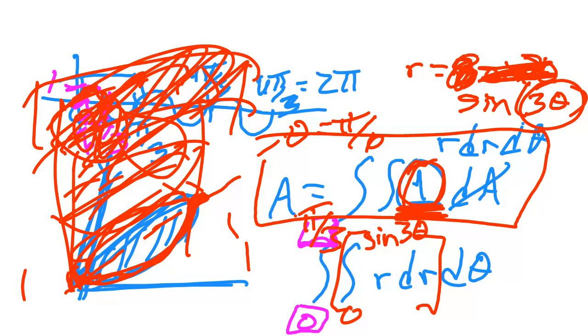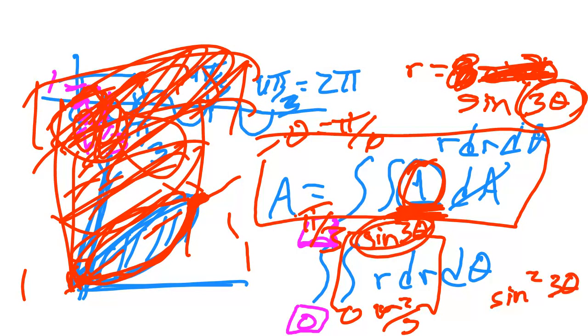Okay. Now they're going to keep going here. So taking the antiderivative of r, that's r squared over 2, right? Plugging in sine of 3 theta there, so it's sine squared 3 theta over 2. And then I'm going to take the antiderivative of that with respect to theta. And of course, for the antiderivative of sine squared, we had our tools.